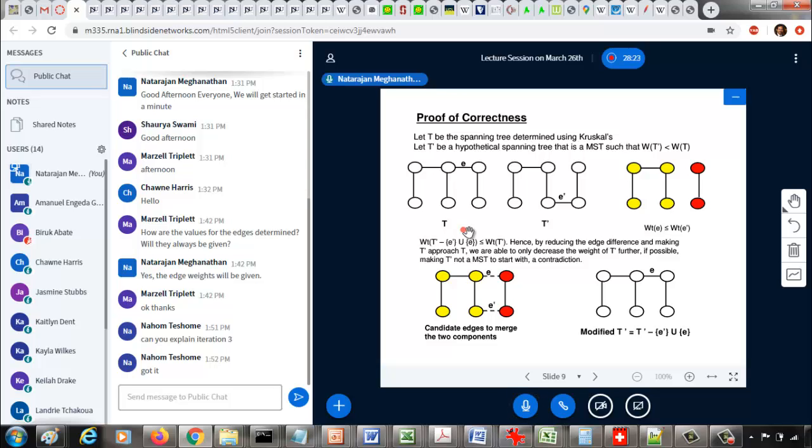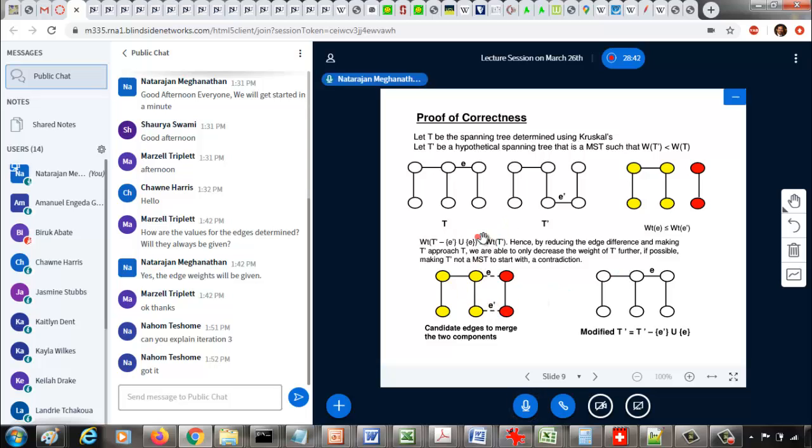Of course, the number of edges should be the same. If you have 6 vertices, there should be 5 edges in each spanning tree. But the actual edges need to be different, because the weight of T prime is less than the weight of T.